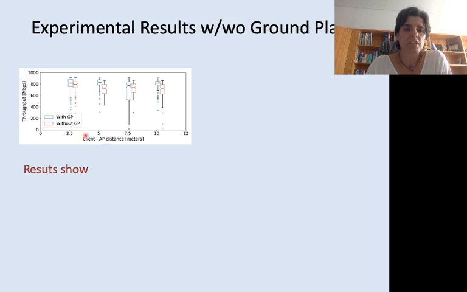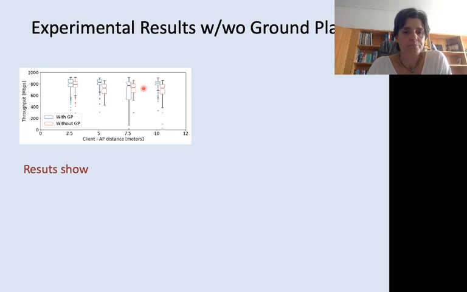In blue, you can see the results with the ground plane, in red, without. And you can see for each distance that the distribution of the measured throughputs is larger if you have the ground plane. So there is an increase in the performance of the link if you are using the ground plane.